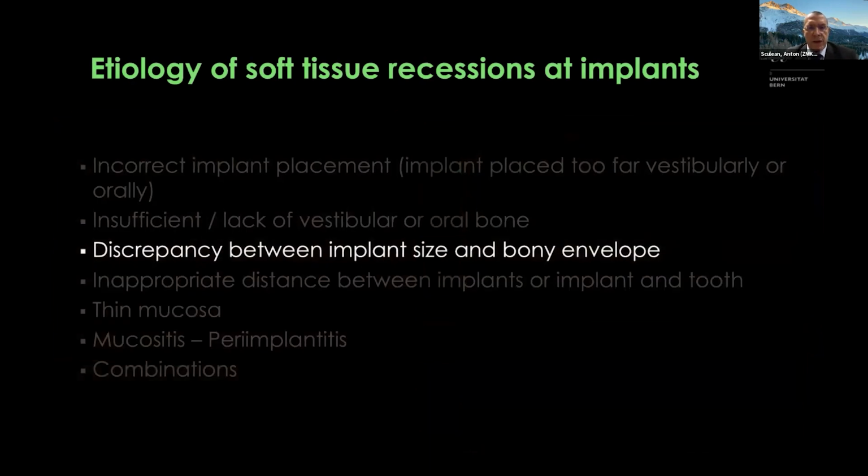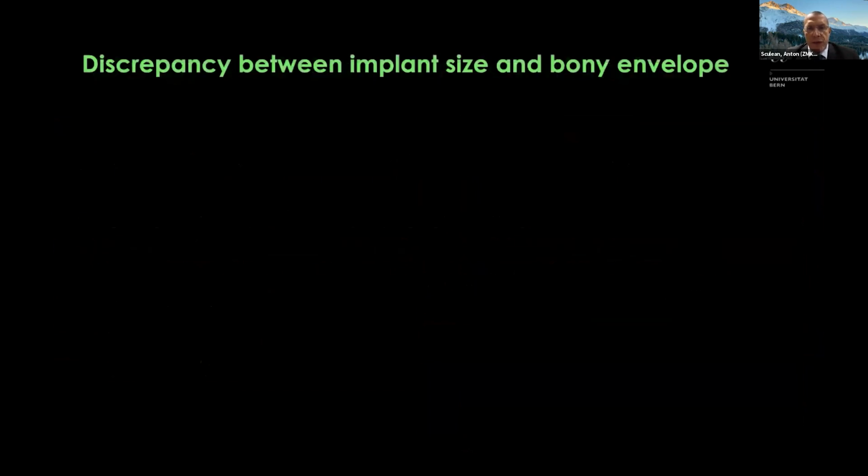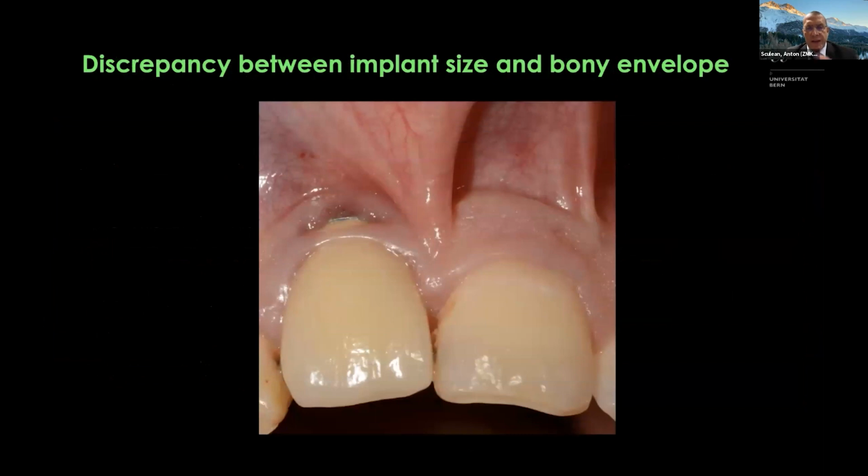What about if we do not have enough space for the titanium? In other words, we have a discrepancy between the size of the implant and the bony envelope. You know, in this particular case, the implant was accommodated in a correct position. However, the diameter of the implant was quite wide.